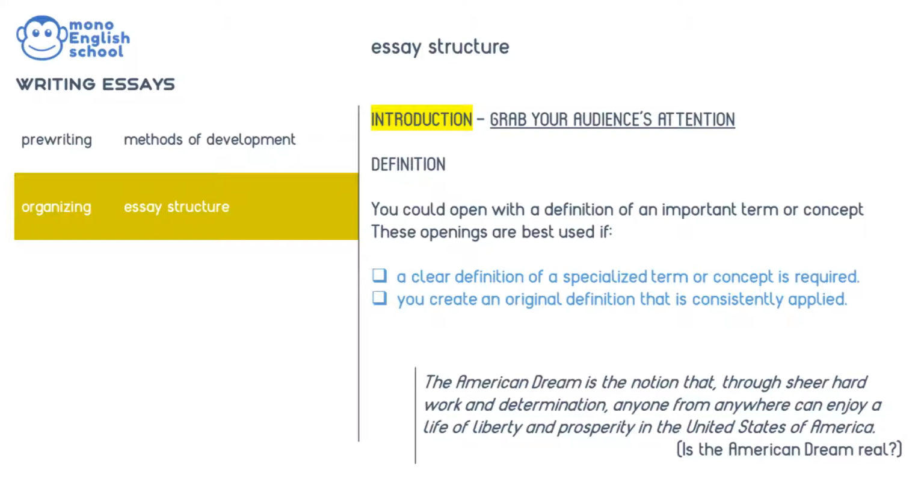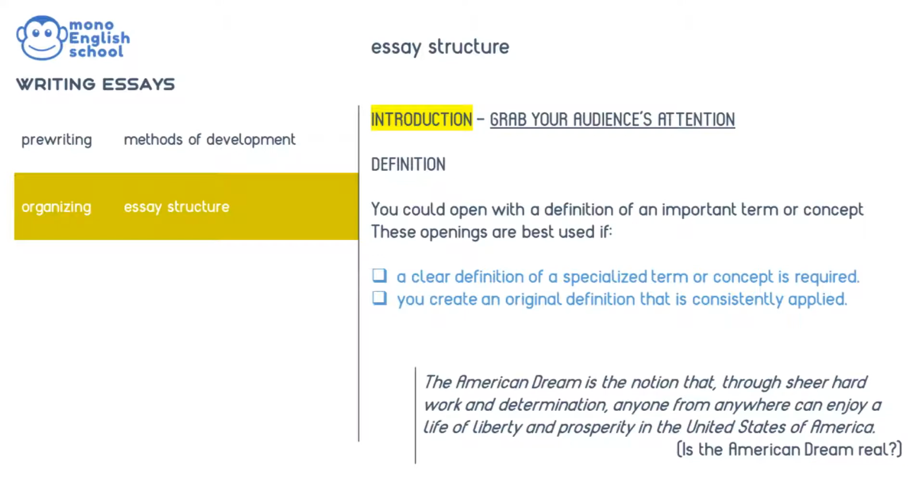This approach is best used if your paper requires a clear definition of specialized or contested language, or a difficult or controversial concept that is central to the paper's main idea. And you should also create an original definition which must be applied consistently throughout the entire paper.